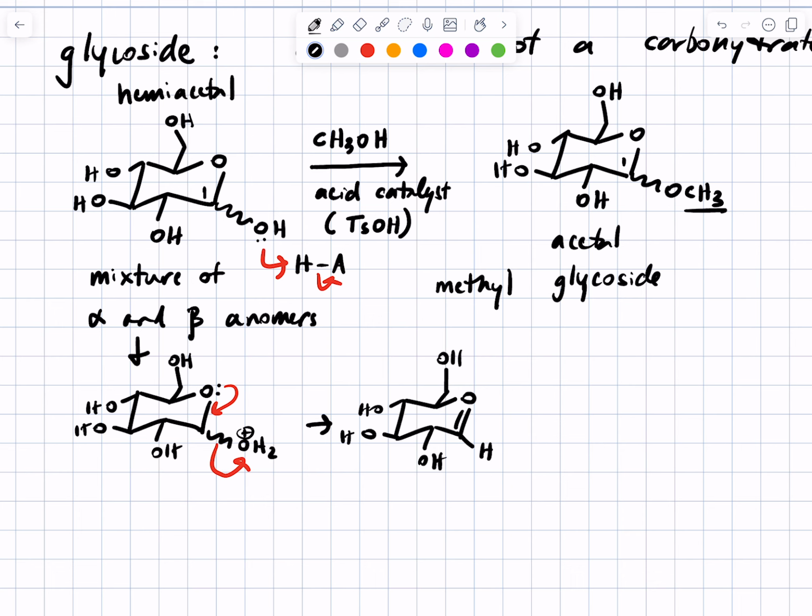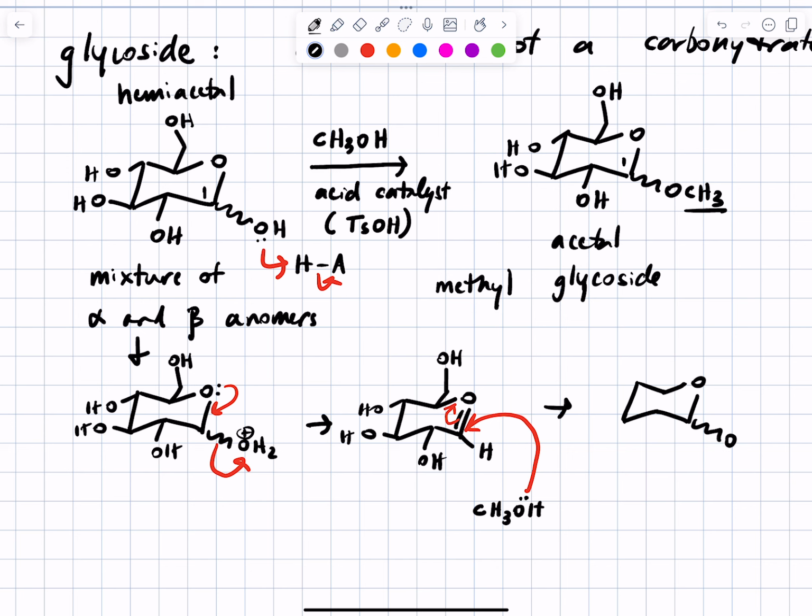Now that we've got that oxonium ion, methanol can act as the nucleophile, and it can attack that carbonyl carbon either from above or below. And that's going to make the new carbon-oxygen bond.